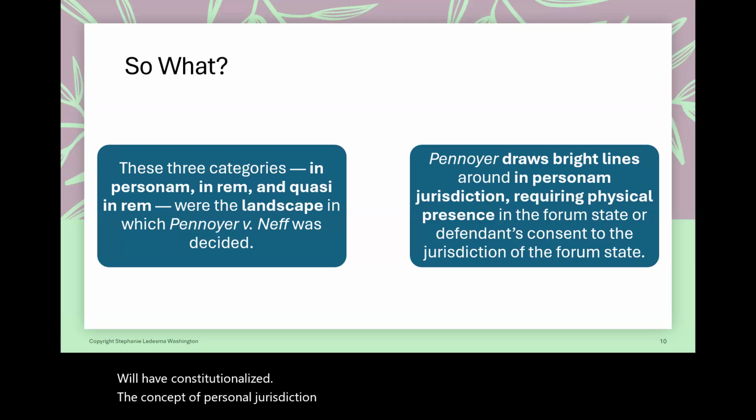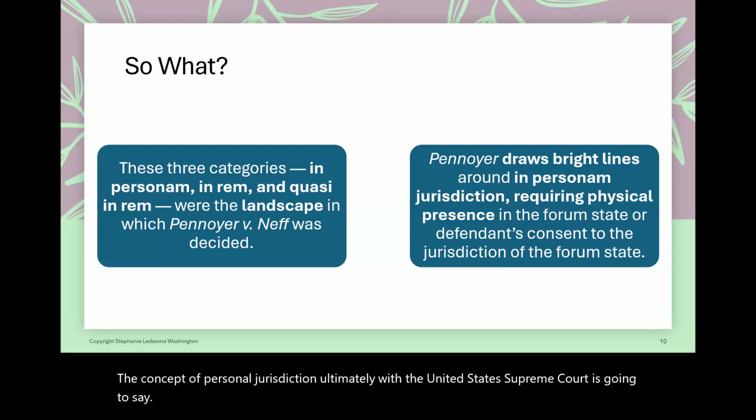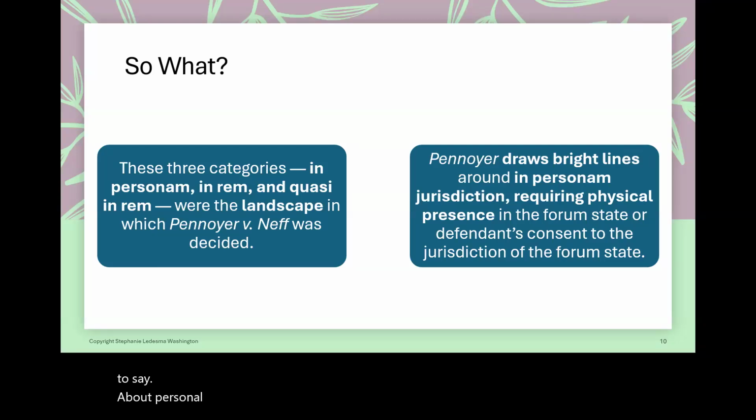Ultimately, what the United States Supreme Court is going to say about personal jurisdiction, if it is the in personam category, is that publication for an out of state defendant is not sufficient.